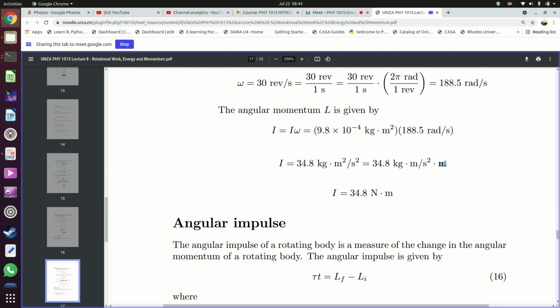Then how am I trying to create a Newton? What have I done? Wait a second.